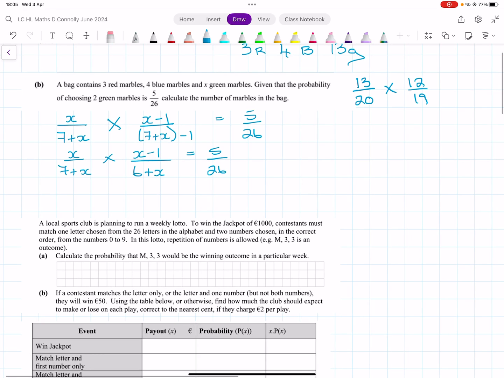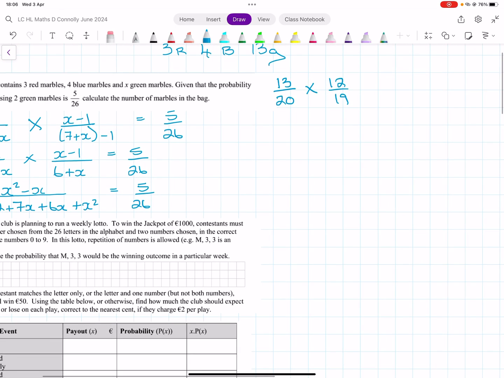Top by top, bottom by bottom is X squared minus X over 42 plus 7X plus 6X plus X squared equals 5/26.